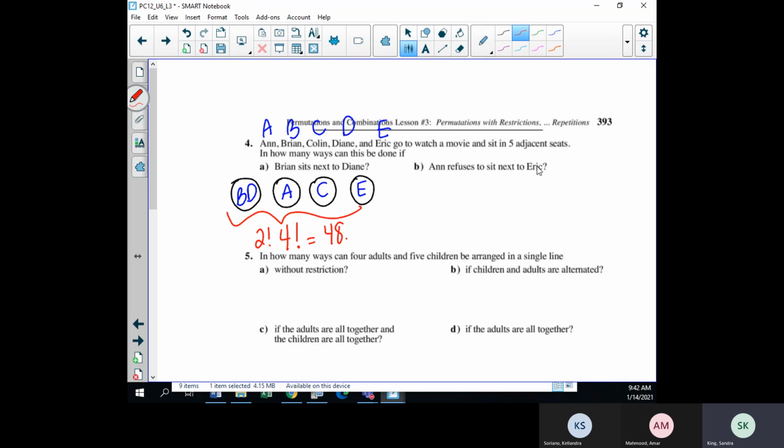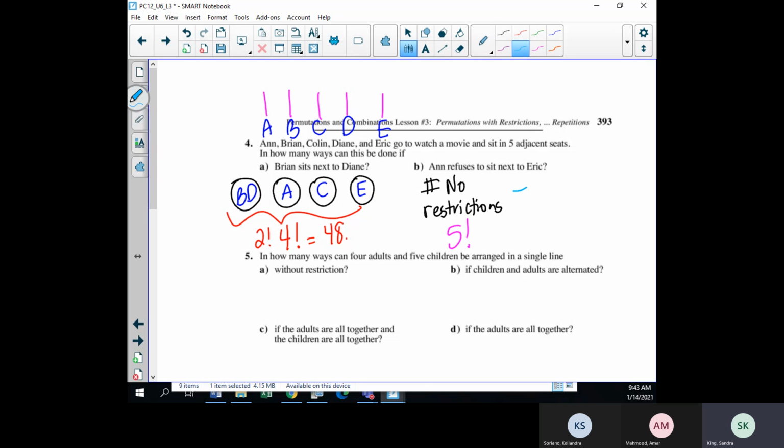Putting them together. Yeah. So this one would be the number with no restrictions: 5 different people can sit in any order they want, 5 factorial.